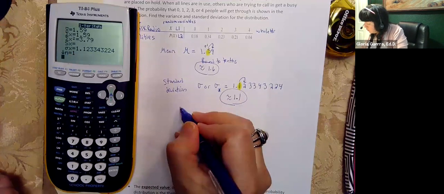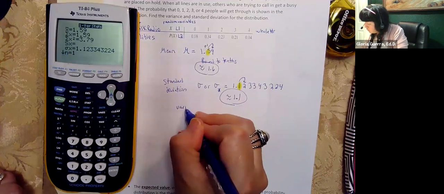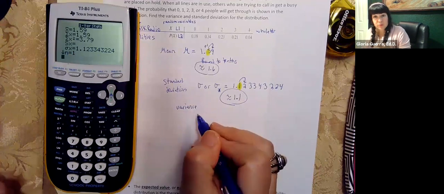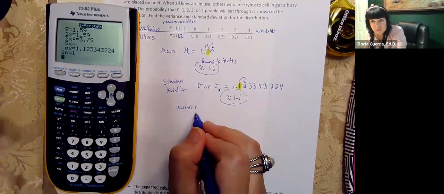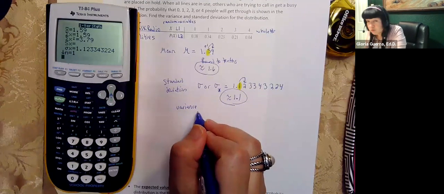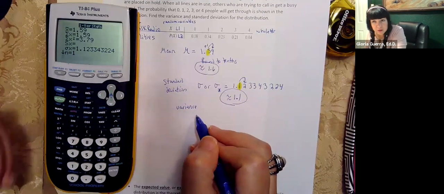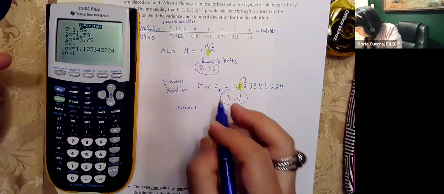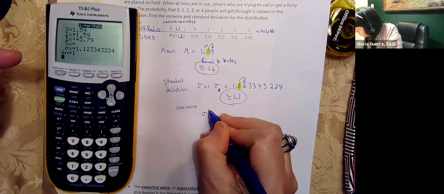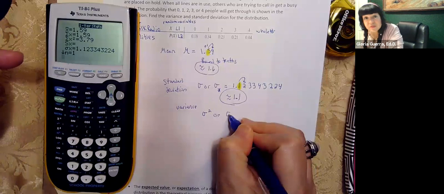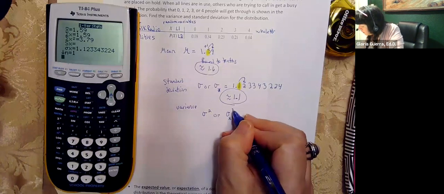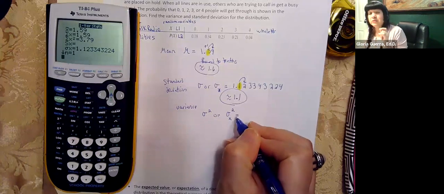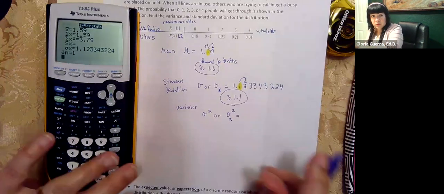Now we're going to do variance. I always do standard deviation first and then variance on my paper, since sometimes they ask it out of order on the computer. So I do it on paper in order and then answer accordingly. Variance would be sigma squared, or sigma sub x quantity squared.